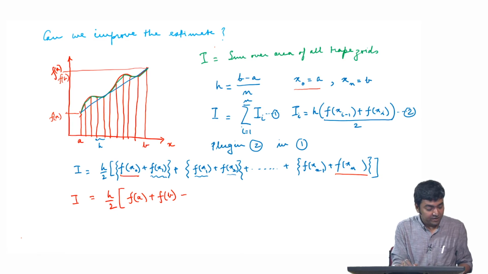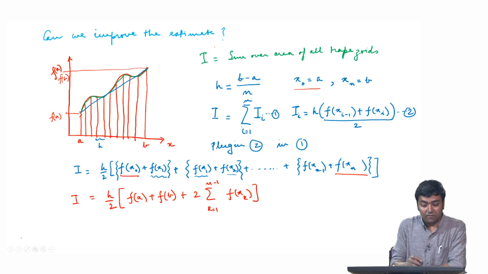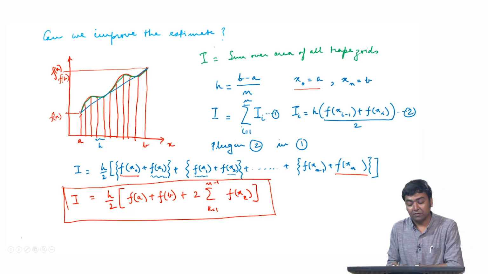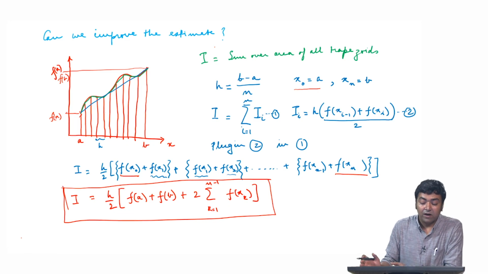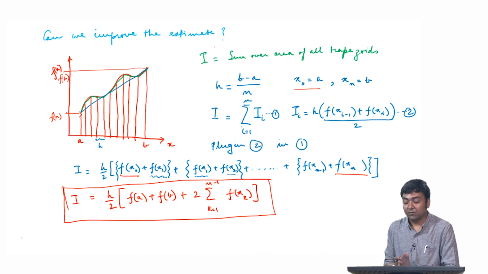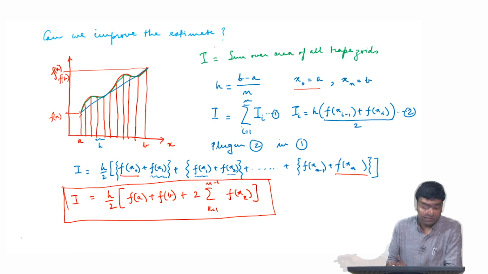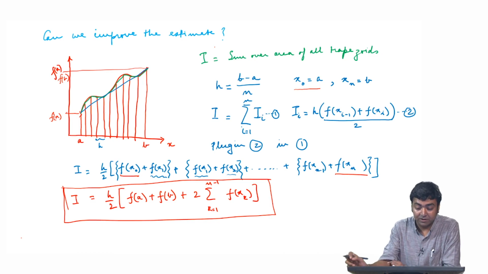So, f a plus f b plus 2 into the sum k equals 1 to n minus 1 of f x k. So, this is my final expression for computing the integral using this trapezoidal rule, where I am dividing the big trapezium into several small trapeziums, computing the area of each small trapezium and summing them up.